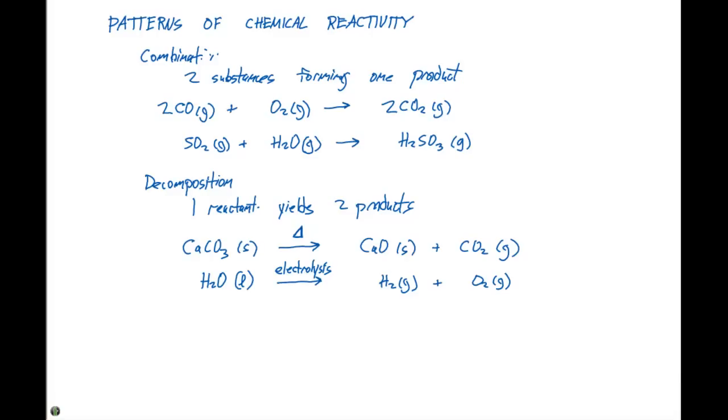In terms of balancing this particular reaction, we have 1 oxygen on the left and 2 on the right. So we need to put a 2 in front of the water. That gives us 2 oxygens, but now we have 4 hydrogens on the left, and we need 4 on the right, so we need to put a 2 in front of the H2 gas. So there's 2 examples of decomposition reactions.